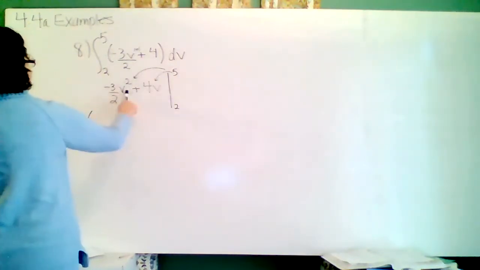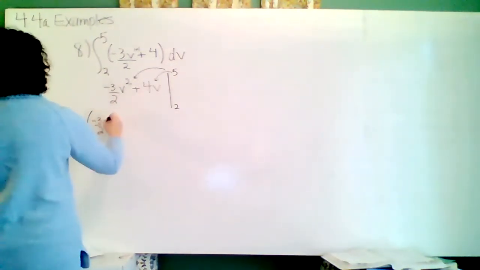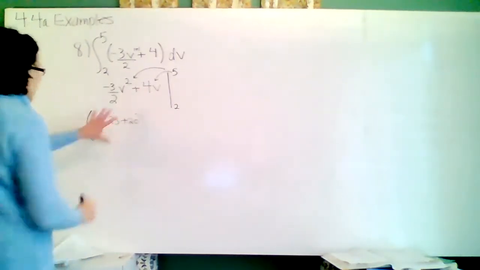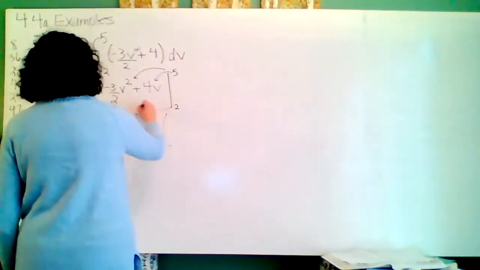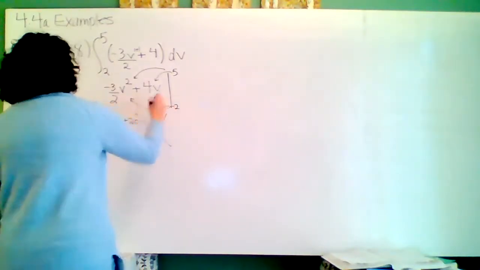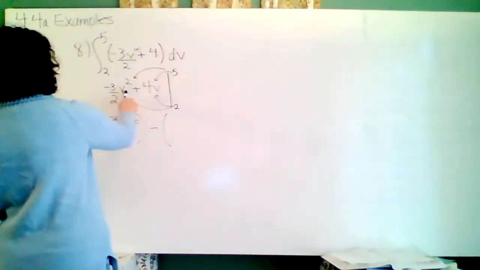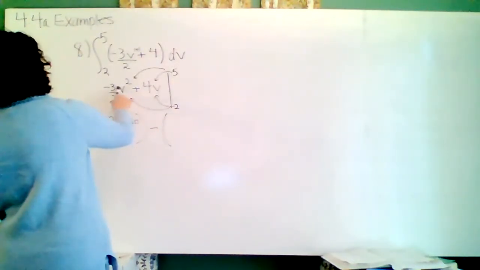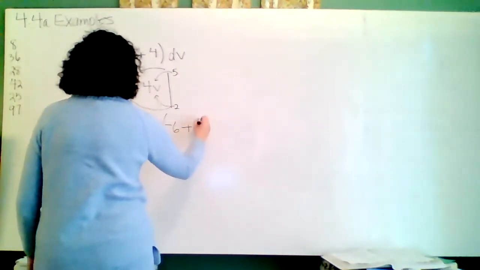So when I put a 5 in here, I have negative 3 halves times 25 plus 20. This is my F of b minus my F of a. I will put a 2 into the function. This is 2 squared is 4, right? And 4 over 2 is 2. 2 times the negative 3 is a negative 6 plus 8.